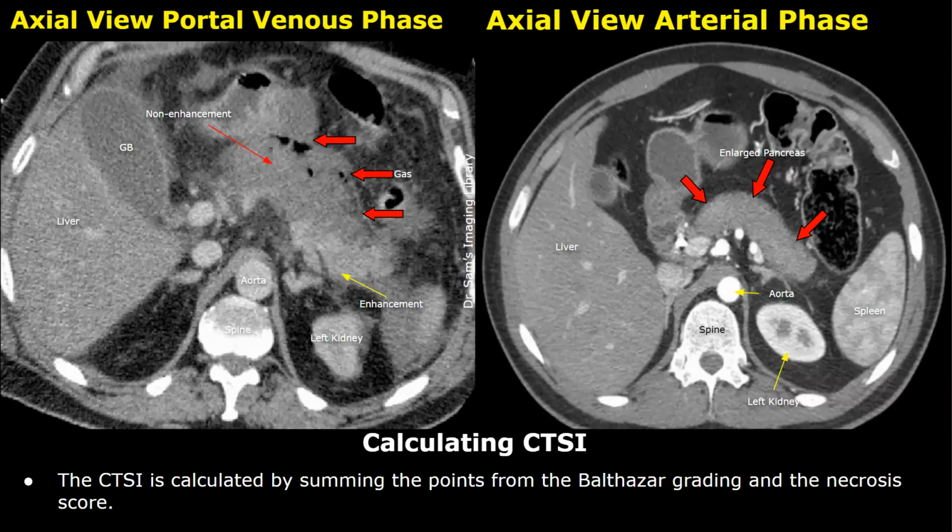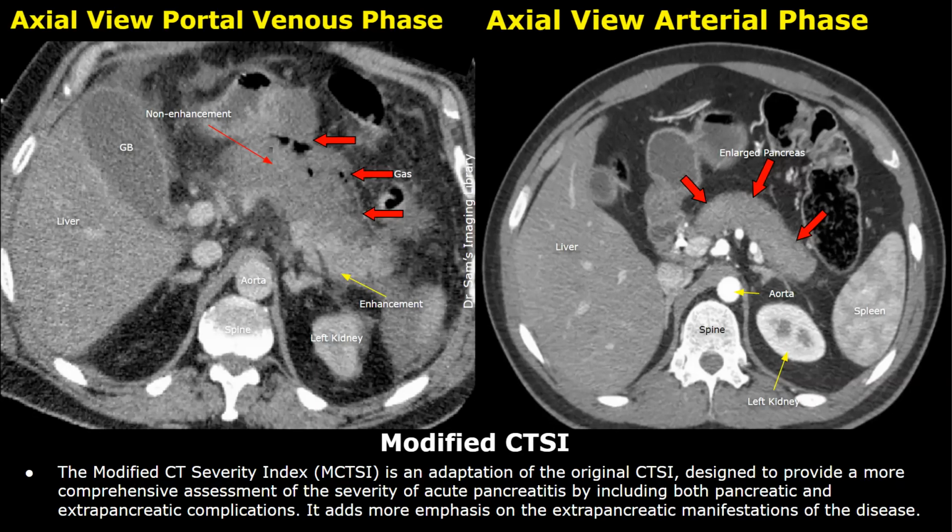This system had some limitations. One limitation was that it does not take extrapancreatic complications such as ascites, bowel wall thickening, vascular complications such as splenic vein thrombosis due to pancreatitis into context.